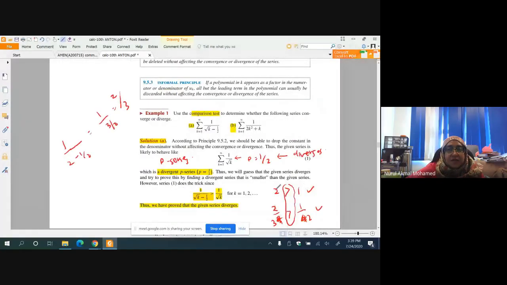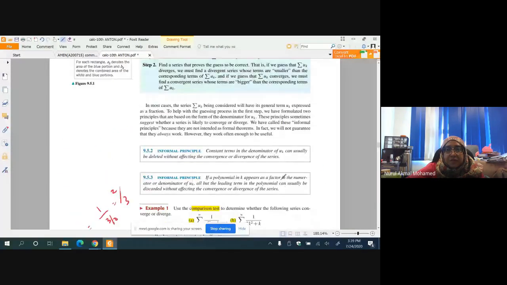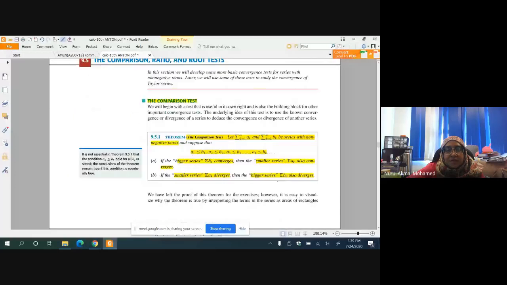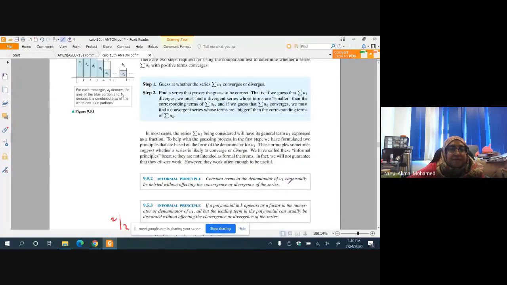So this one diverges, and it means that the big series here will also diverge from this theorem: if the small series diverges, then the bigger series also diverges.